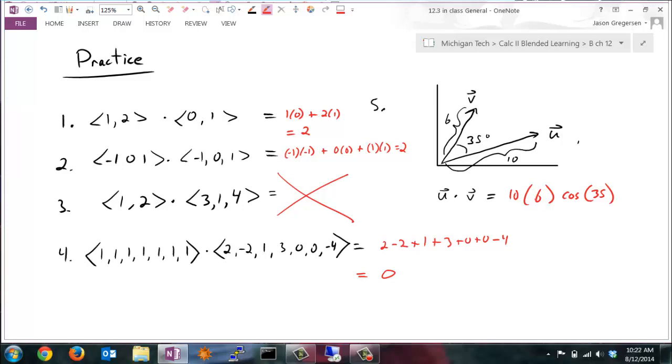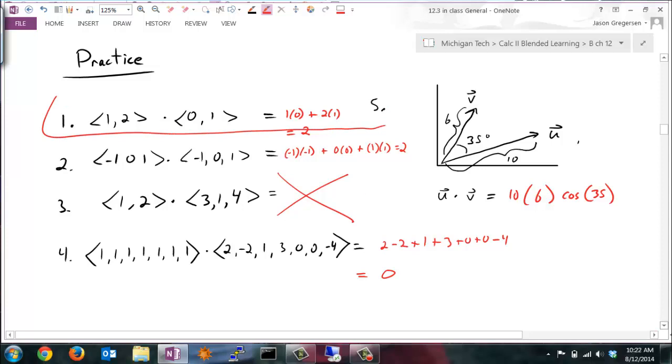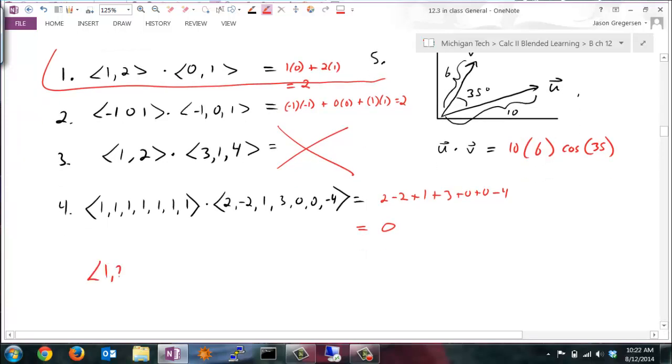Now the fact that we have two different definitions is a very powerful tool. It really connects the algebraic to the geometric. It lets us do lots of stuff. One example of what we can do with it is it lets us avoid the geometry. So for instance, this first one up here says that 1, 2, dot 0, 1 is equal to 2. I can calculate the dot product.